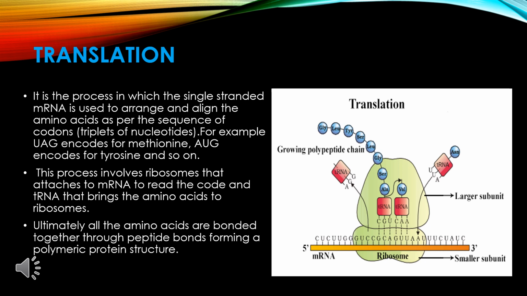Ribosome then starts moving triplet by triplet, not one by one. C itself encodes for nothing. U itself encodes for nothing. Only the triplet codon will make sense to transfer RNA and ribosome, and only then they will be able to transfer one amino acid or the other amino acid from the vicinity of the cytoplasm.